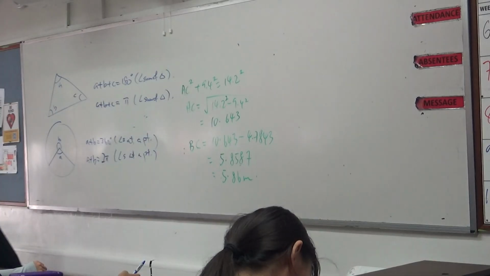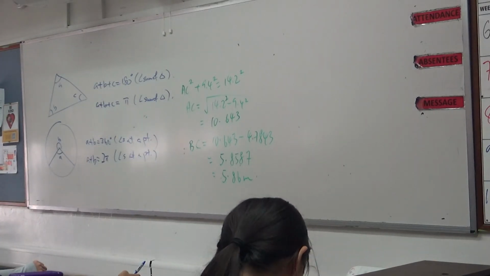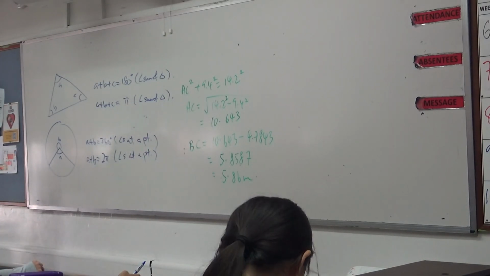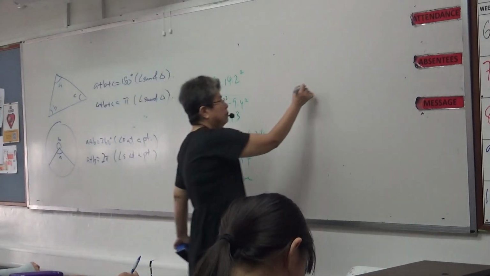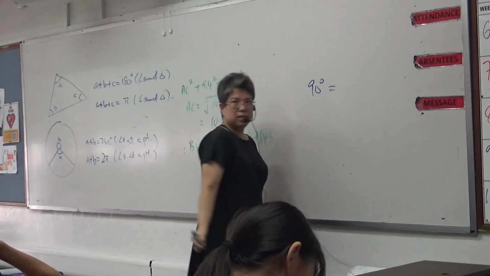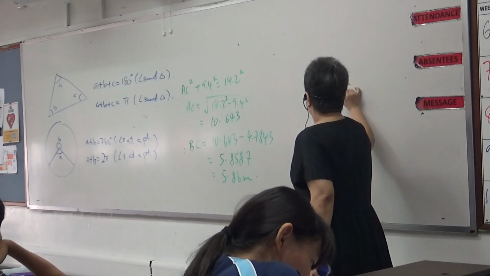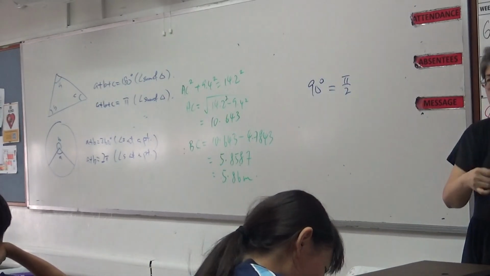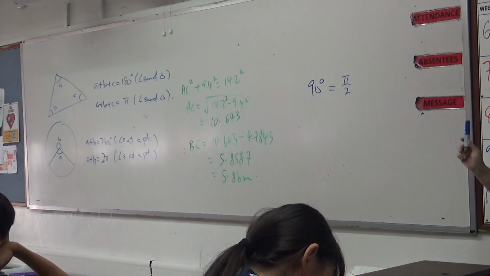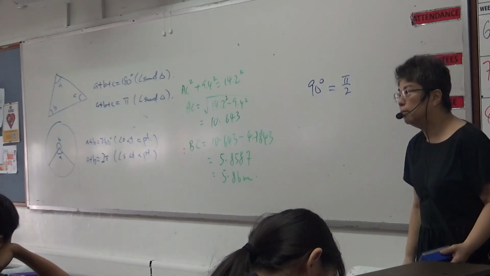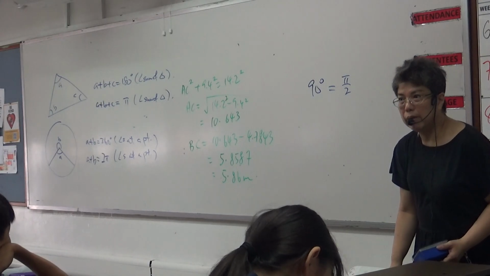You must know this, you know. Then the most important thing in this part is 90 degrees. What is it in radians? Pi over 2. This one you must know. Because if it is not pi over 2, you can never use Pythagoras theorem. Everybody clear with what I'm talking about?